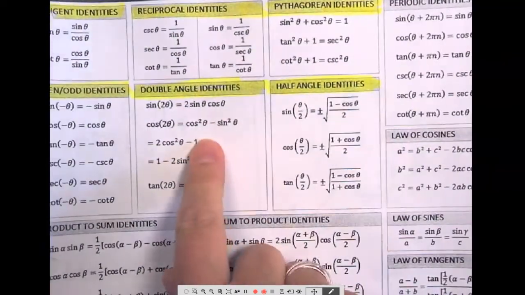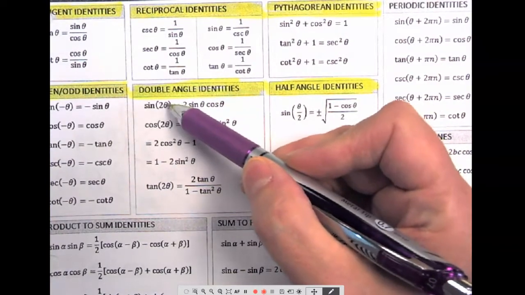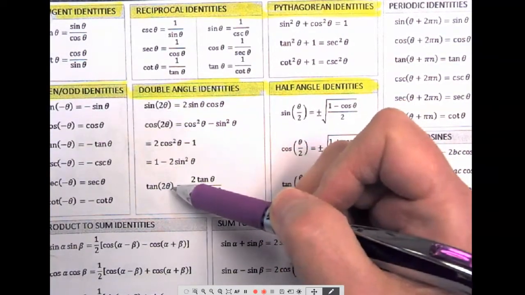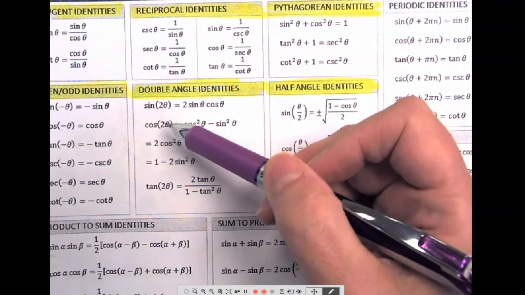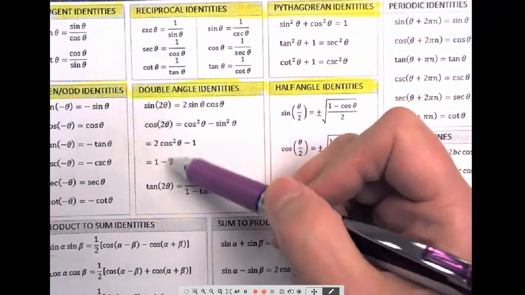Okay, so sine 2 theta is found in this double angle identity. Notice that all three of these have a 2 theta instead of just a theta. So that's why it's called double angle, because you are doubling theta.